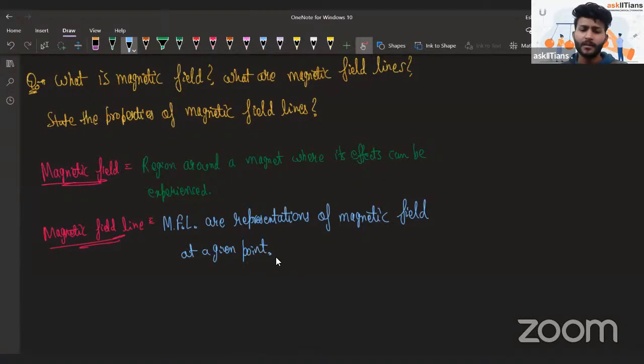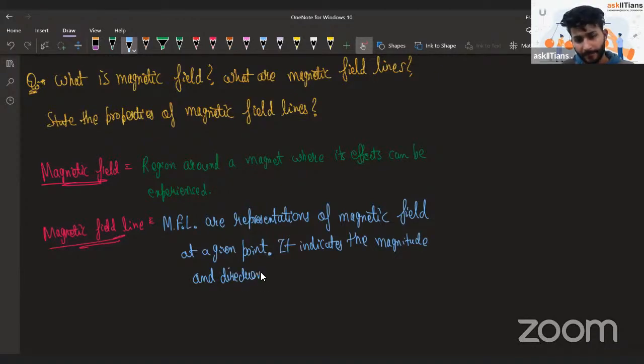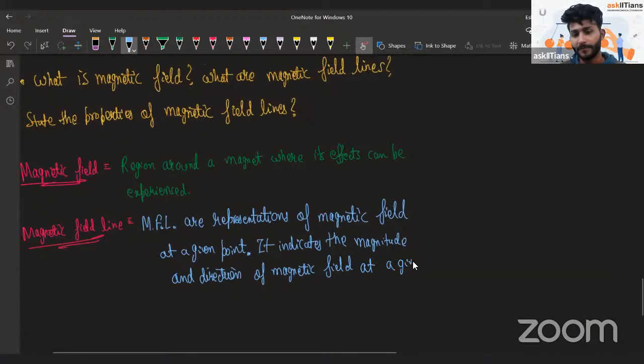Then you can mention it indicates the magnitude and direction of magnetic field at a given point. Although your definitions also are right, I do not disagree with them.